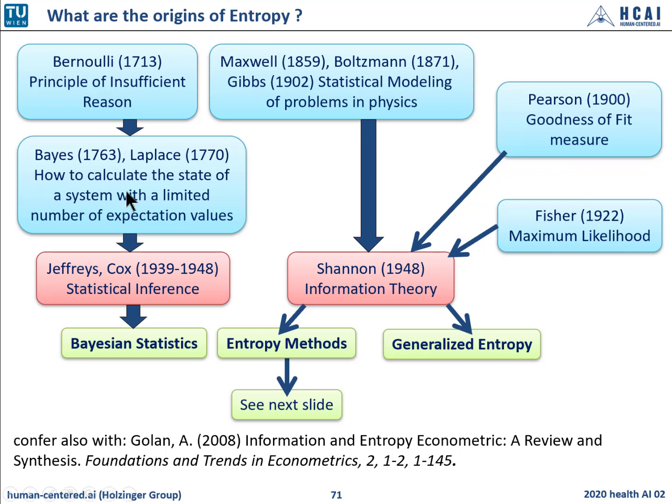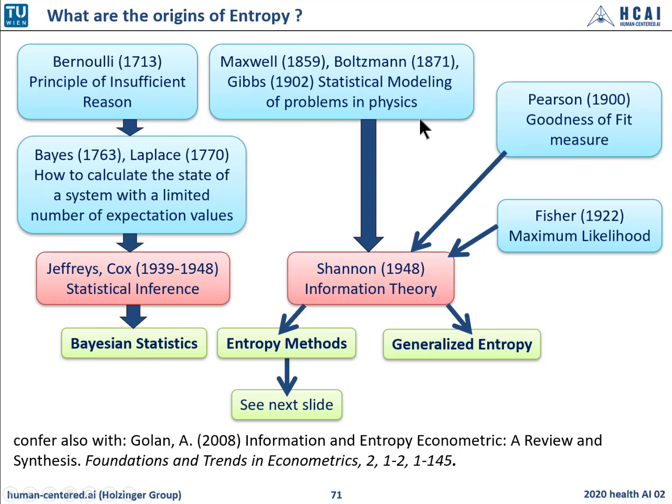And then this was maybe the inspiration for Thomas Bayes, 1763, and then of course later on Pierre-Simon de Laplace, actually 1774. And this was then carried on by Jeffreys and Cox, and they solidified it into Bayesian statistics. So this is now called Bayesian statistics.